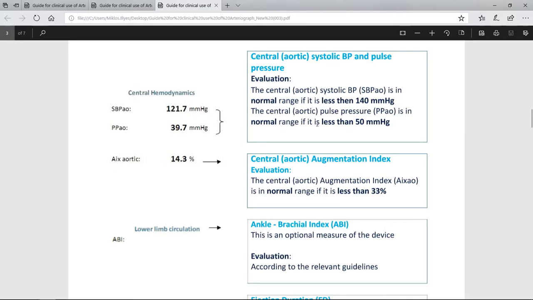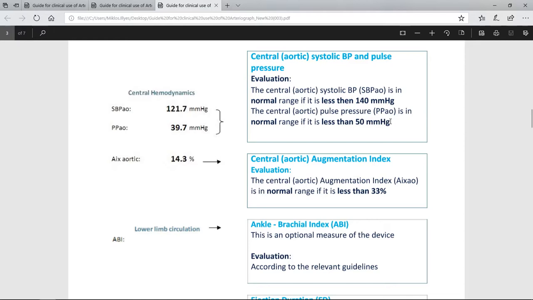As far as the central pulse pressure is concerned, we found the threshold to be 50 mmHg, and if the central pulse pressure exceeds 50 mmHg, this is very prognostic for later developing cardiovascular events.